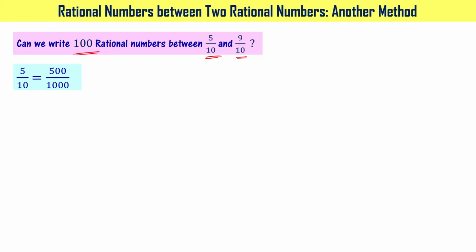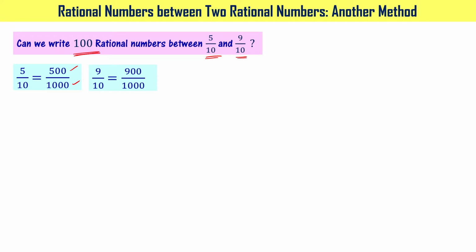But since we are asked to find 100 numbers, instead of multiplying 5 by 10 with 10 by 10, we are multiplying 5 by 10 with 100 by 100. 5 times 100 is 500 for the numerator, 10 times 100 is 1000 for the denominator. Similarly, 9 by 10 can be written as 900 by 1000, right?